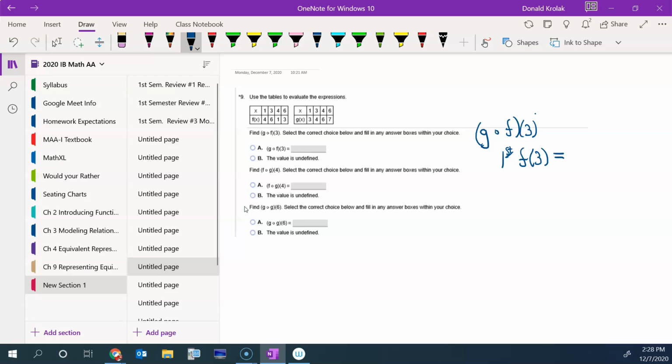So when I go over here, here's function f. When x is 3, out comes a 6. Now you're going to take that 6 and you're going to put it into g of x.